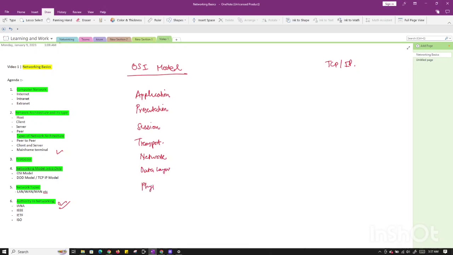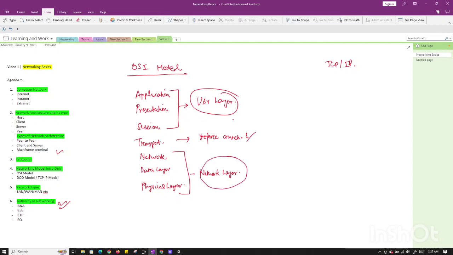Then the physical layer. So these are called user layers. These are called network layers. And this is a reference connection, which works between these two layers. So this is the OSI model.